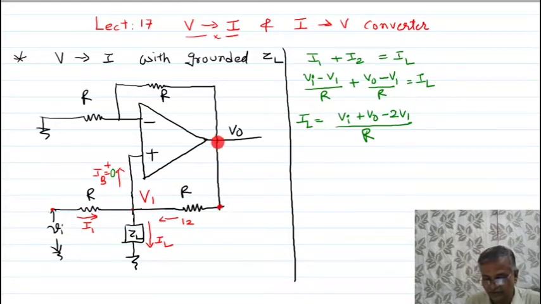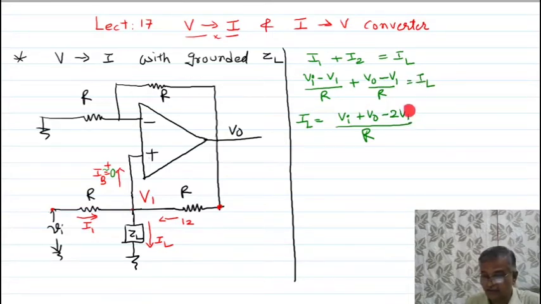VO minus V1 upon R is equal to I2. The addition of these will be the load current. This current is almost zero, of the order of 3 nanoampere. So I can simplify this in this way.